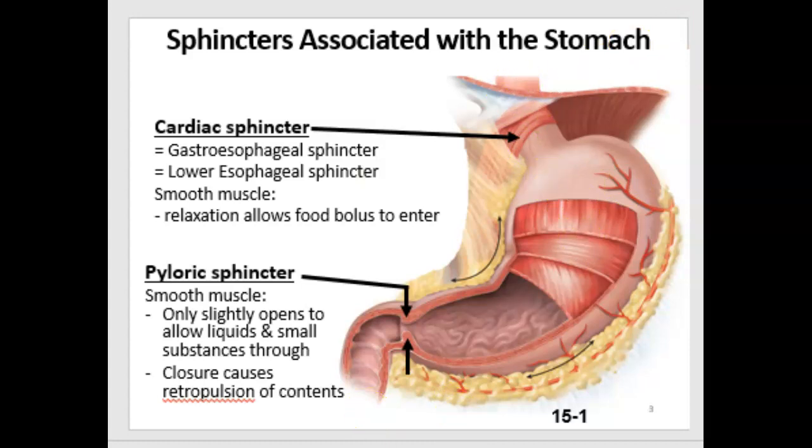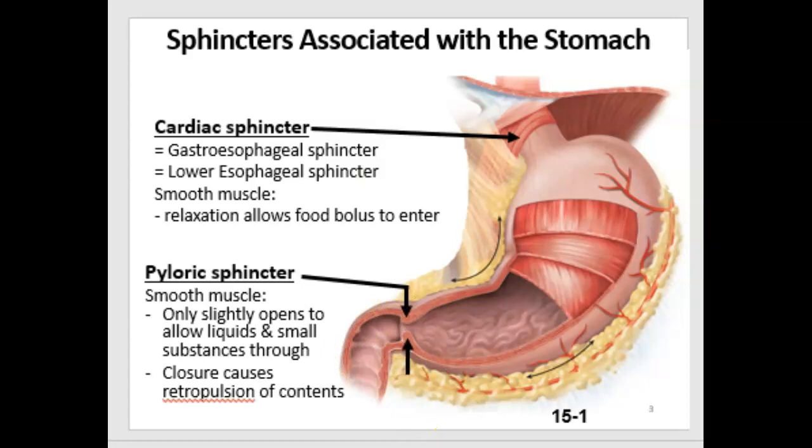The pyloric sphincter is also made up of smooth muscle, and it is normally somewhat open, kind of like you see here. There's a space between the two sides, and it's open enough that liquids and very small substances can get through.